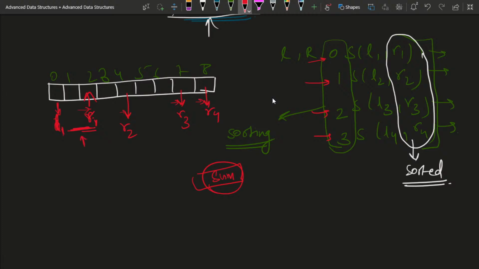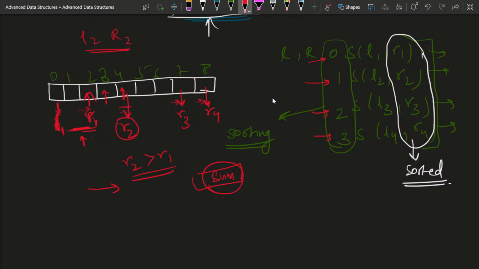Now R2 is greater than R1, so to process the segment L2 to R2 we always have to move right and sum up these elements.